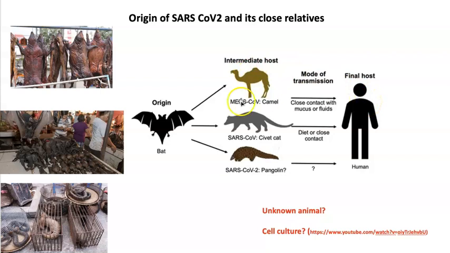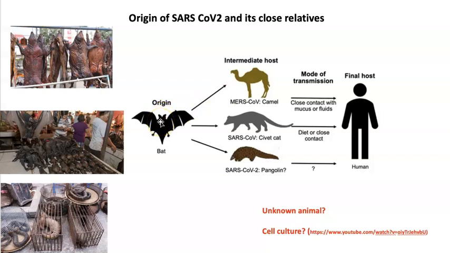In this part of the world, in the Middle East, lots of individuals come in regular contact with camels. They ride them and they eat them. So there's lots of opportunity for camel respiratory secretions to infect humans. This particular virus is very lethal and often burns out pretty quickly in the human population.